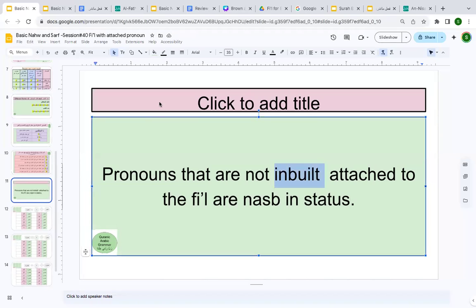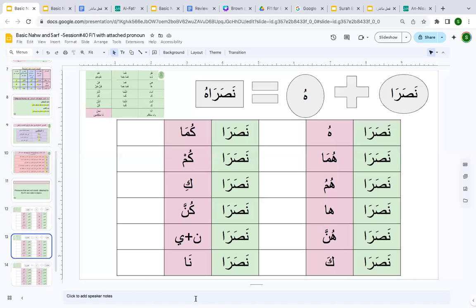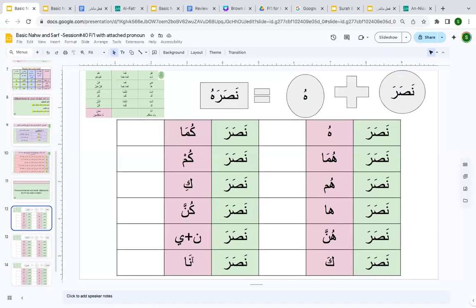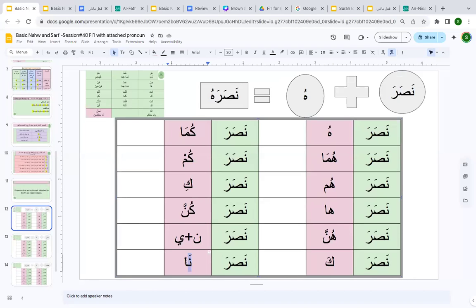We are talking about the has, the kas, the yas, and the na that is coming after a fail that does not have a sukoon ending, right? Nasarana. In case of nasarana, what will be the status of this na? It is detailed. So he helped us. So it's going to be nasb in status, right?